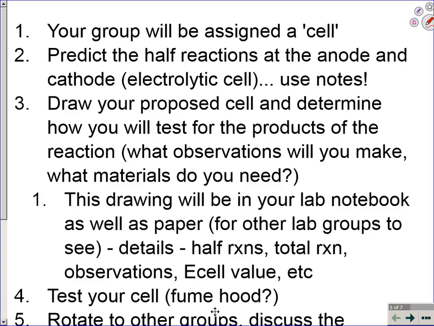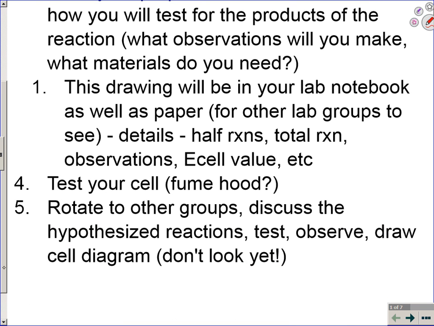So once you get your half reactions, you're going to draw your cell, just like that number 6 on homework last night, single well with multiple observations made. And then instead of putting it right in your lab notebook first, I want you guys to take a piece of white paper, like computer paper, and draw your cell big enough so all your observations can be clearly noted.